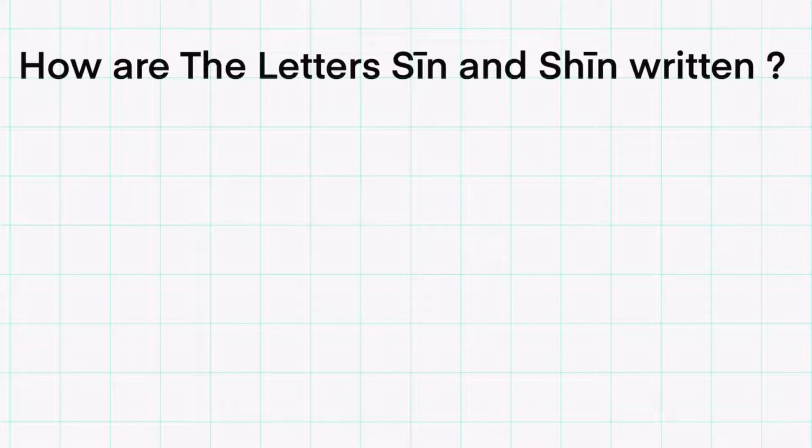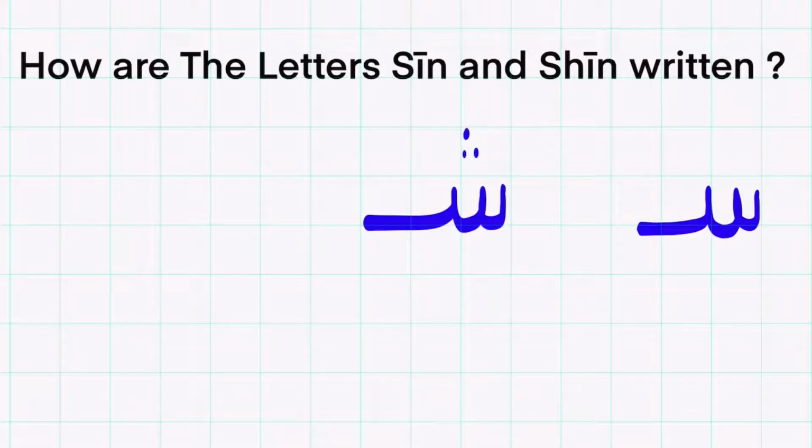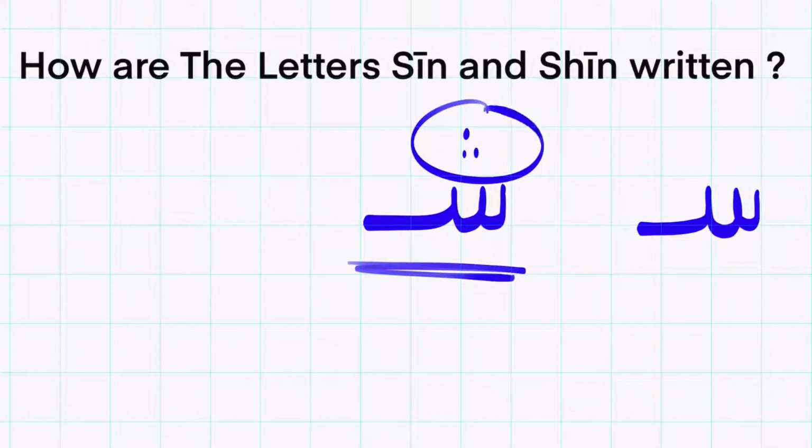For simplicity, you could write the Sīn letter like that, the Shīn letter as if it is a Sīn letter with 3 dots on top. As you notice, in this format, the Sīn and Shīn are both on the horizontal line. You could write it fancier like that.